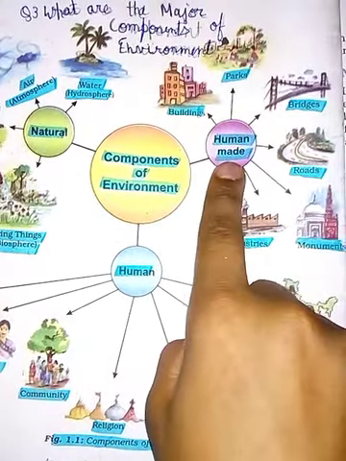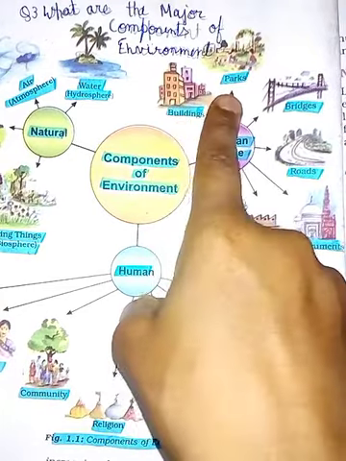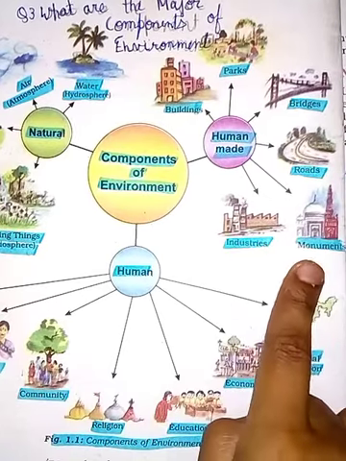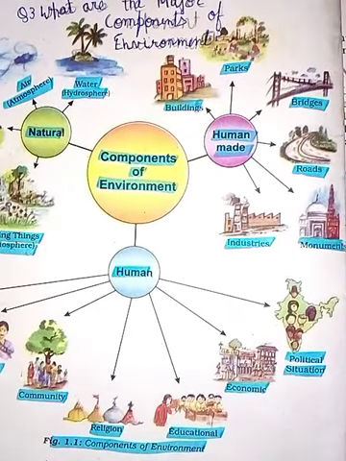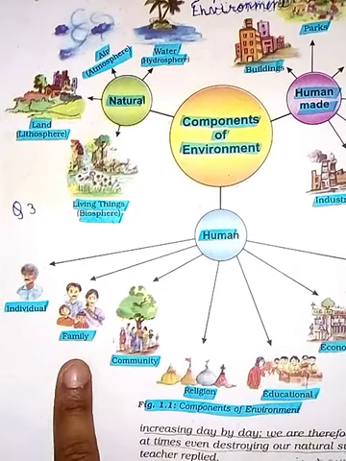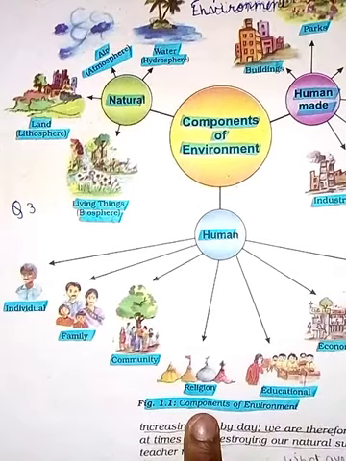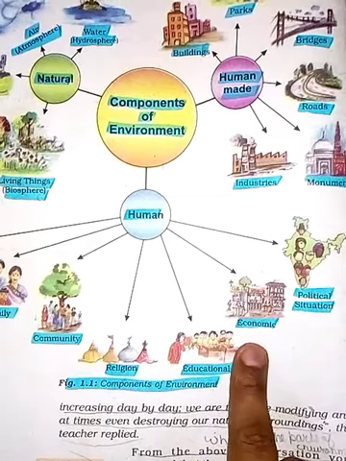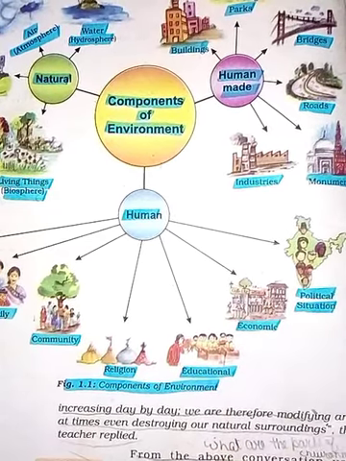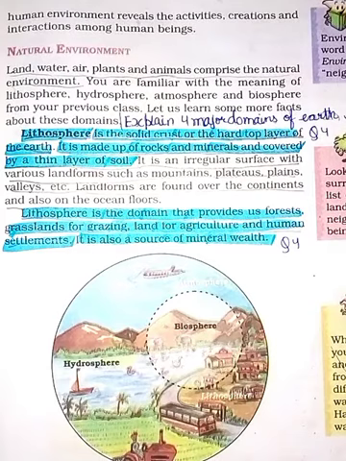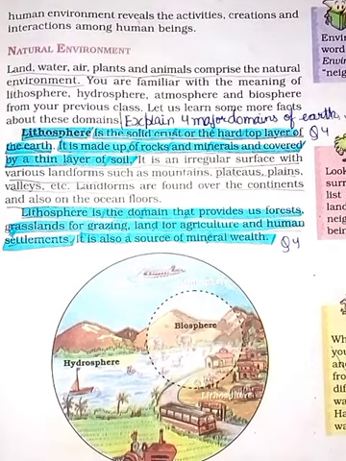In human-made, buildings, parks, bridges, roads, industries, and monuments. Humans, for example, individual, family, community, religion, educational, economic, and political situation. Human environment reveals the activities, creations, and interactions among human beings.